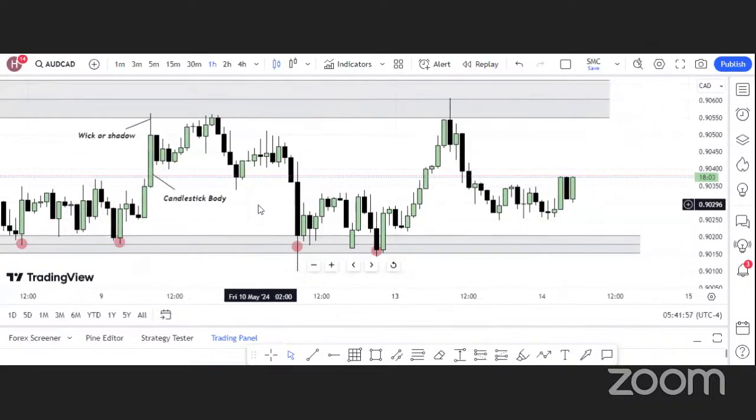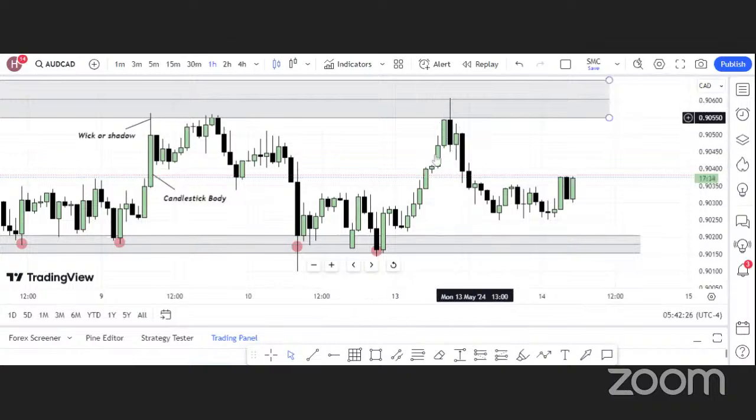Now, when the market moves into a resistance or a support level, you want to pay attention to your candle pattern, your candle formation. Whatever happens, the reaction of the candle in your resistance zone or your support zone will tell you if the market is really going to move from such zone.